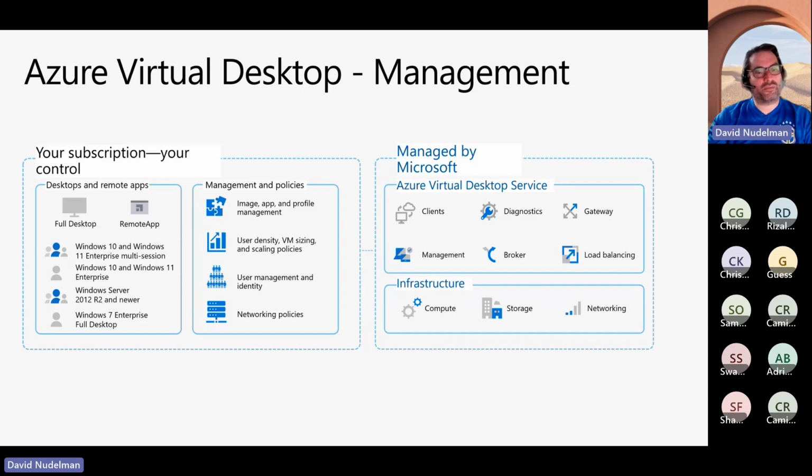I'm not sure if that's still around, but that was the only way you could get a supported Windows 7 desktop. And you manage policies, right? What your image looks like, applications, what type of profile you want. You control how many users per machine, how big the machine is and its resources. What are the policies for scaling, right?